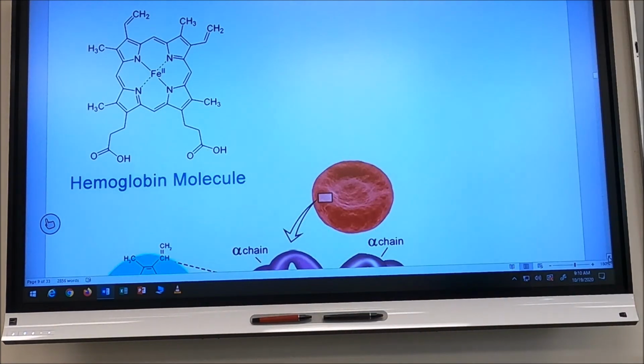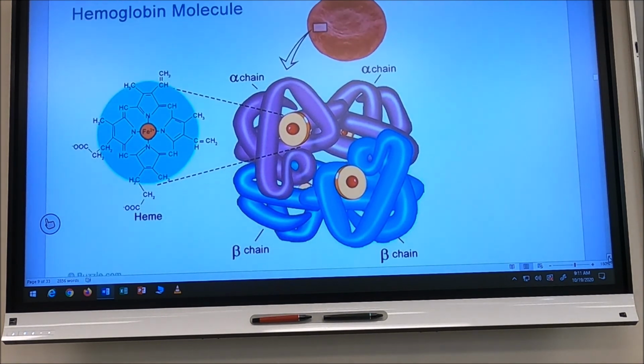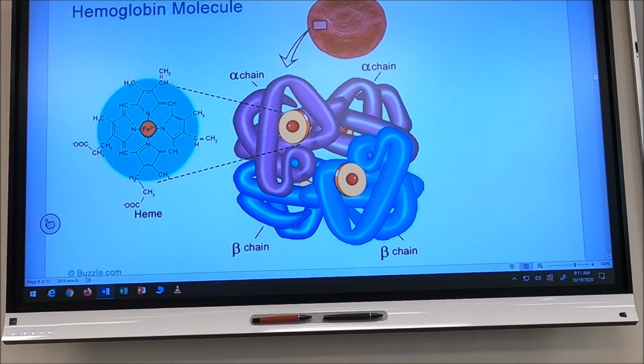So the carbon monoxide locks up the irons in your heme components. So if you look at a hemoglobin, it's made up of 4 units, 2 alpha chains, 2 beta chains, and in the middle of each alpha chain and each beta chain is a heme.